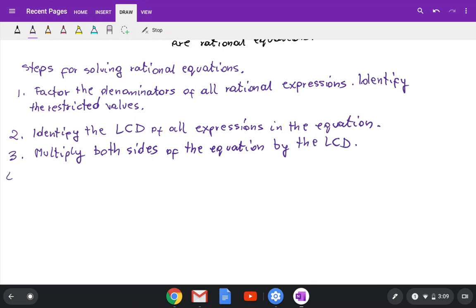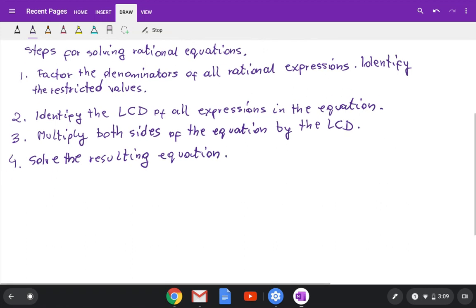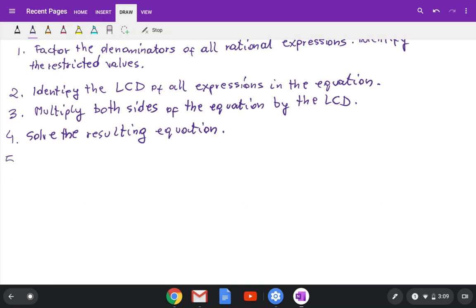Step 4, solve the resulting equation. Step 5, check your solution.